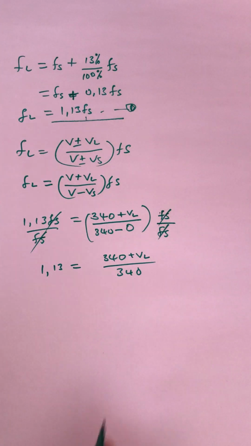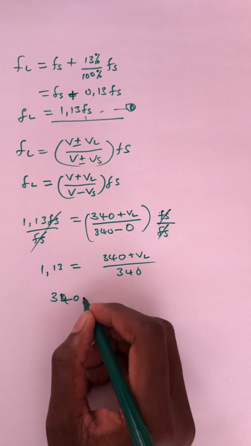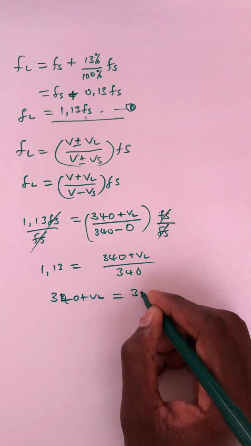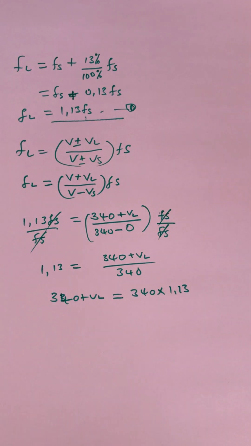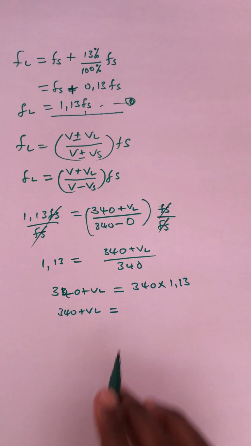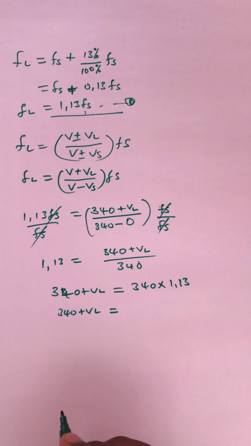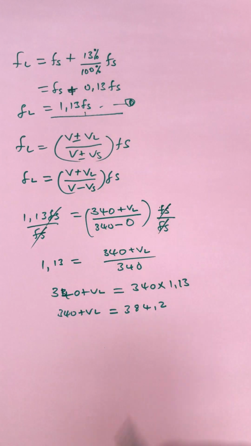So now let's say we cross multiply. When we cross multiply, this side will be left with 340 plus vL, which is equal to 340 multiplied by 1.13. So 340 plus vL is equal to 340 multiplied by 1.13, which is going to give us 384.2.